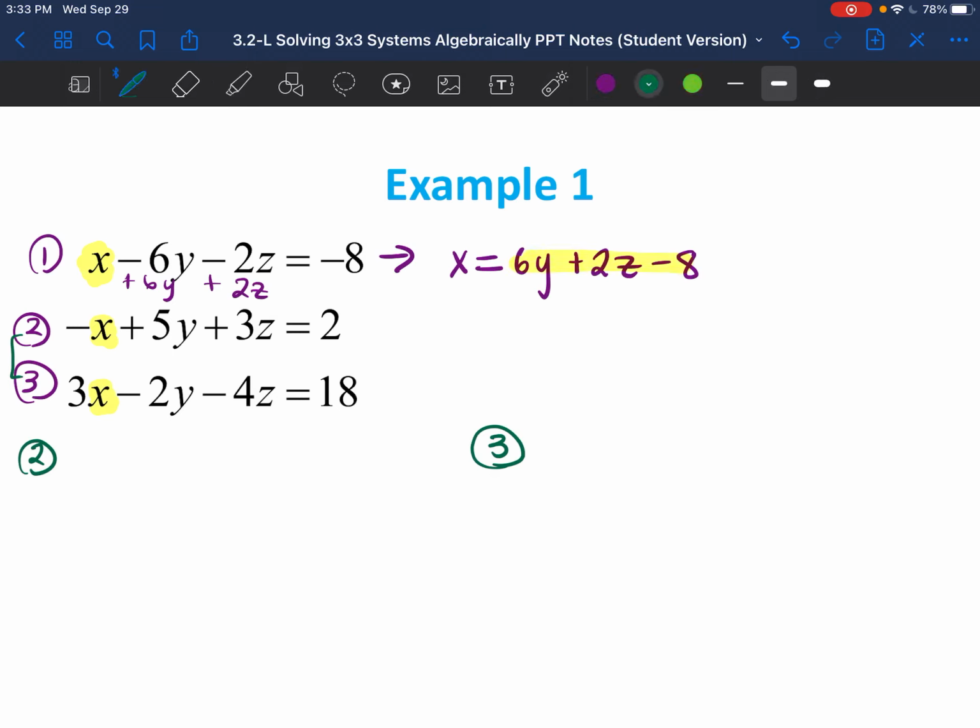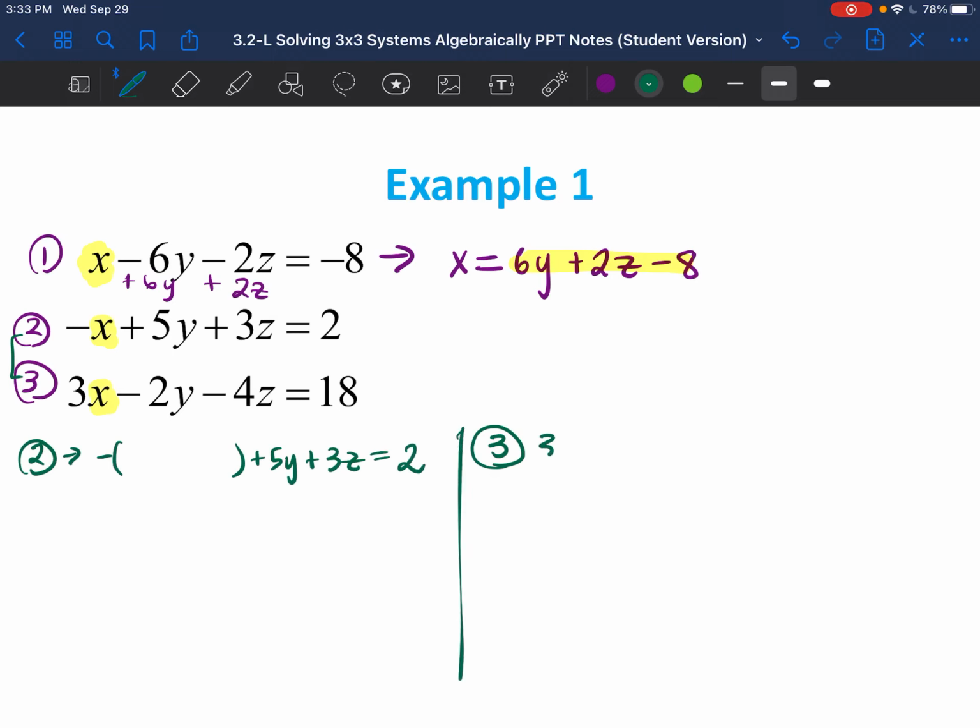And so copy down the equations without the x. So equation 2 would be negative x plus 5y plus 3z equals 2.